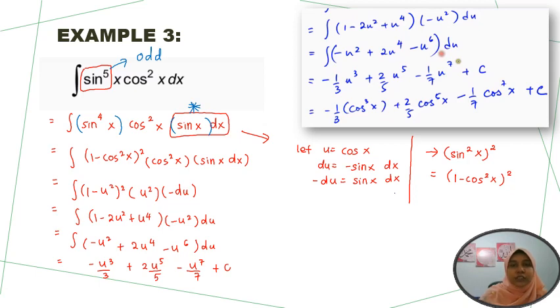So we let u equal to cos x. Then we differentiate u with respect to x, so du equal to negative sine x dx. Then negative du equal to sine x dx. So we substitute sine x dx with negative du.